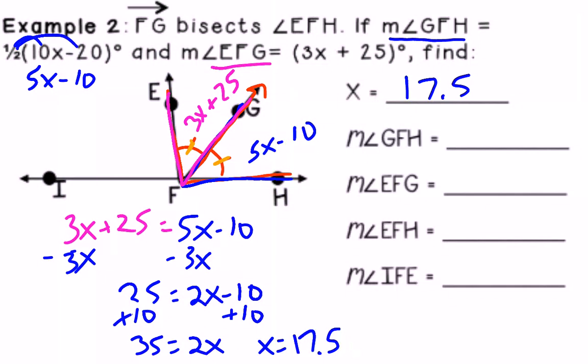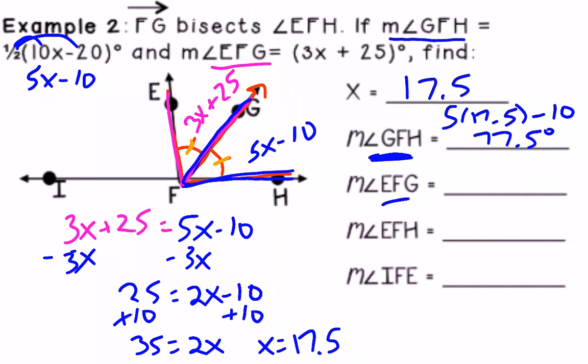So I'm going to try to write kind of tiny, and once again, for this part you would use a calculator. So GFH is the one that's 5x minus 10. So that would be 5 times 17.5 minus 10, which is going to give you 77.5 degrees. Now, we know that EFG should be the same thing because they're congruent angles.